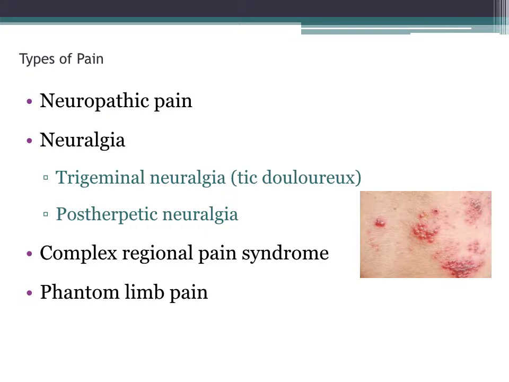What happens with it is they get a tingling or a hot or cold or heaviness feeling in that the brain interprets to be in an area that no longer is on their body. And that's followed by burning, cramping, or shooting pain. And that tends to be more common in the first 6 months after amputation, but it can occur at any time.